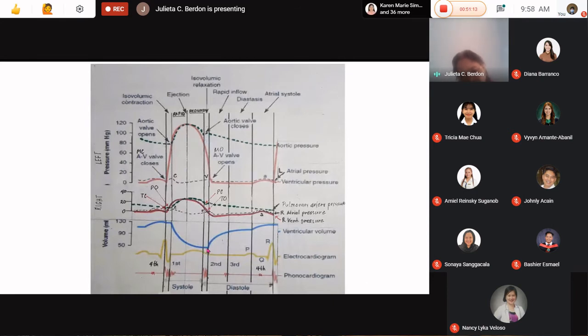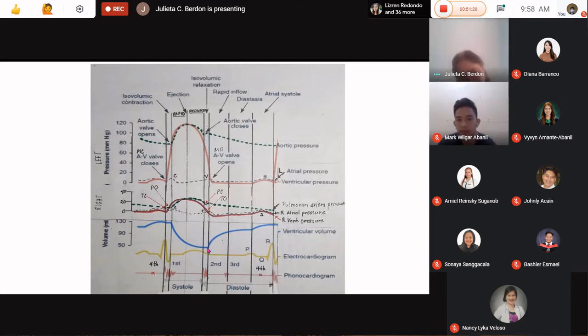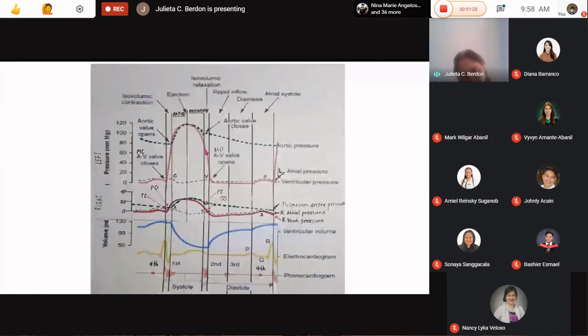That's why it's the isovolumetric relaxation phase. All the valves are closed, ventricular pressure is rapidly decreasing, and your atrial pressure is increasing. You have the V wave there. It's not markedly increased because atrial pressure is not very high, but it is at its peak at this time.